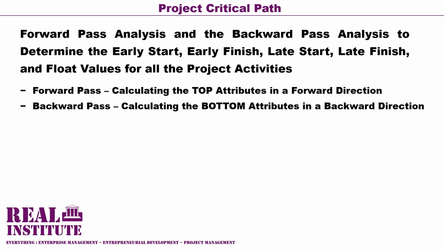That is, from right to left, or from the last activity back to the first activity. Then the float or slack time is calculated last as the difference between the late start value and the early finish value in each project activity.